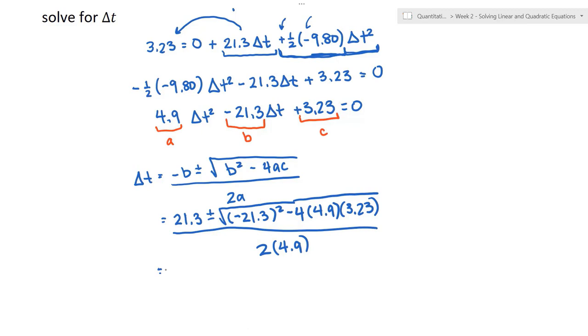So I'm going to use the fraction button, 21.3 plus the square root, bracket, negative 21.3, close the bracket, squared, minus 4, bracket 4.9, and then another bracket 3.23, and then move on to the denominator. And in the denominator, 2 bracket 4.9.